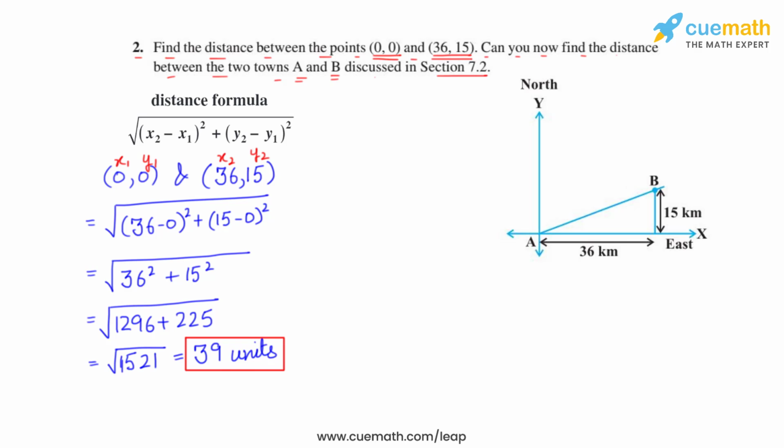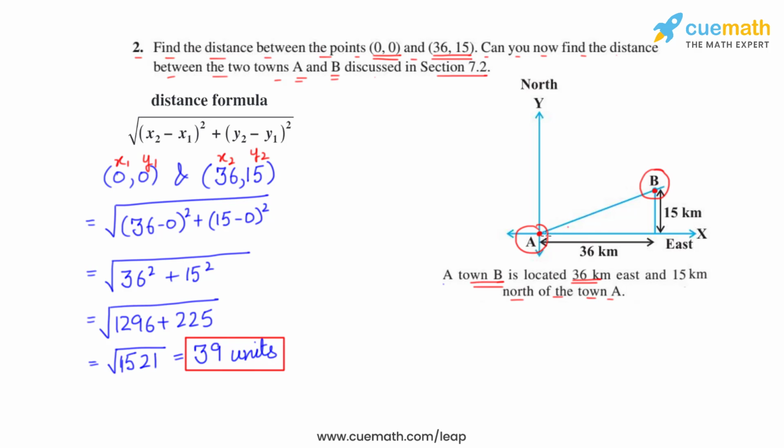They have given that there are two towns, town A and town B. Town B is located 36 kilometers east and 15 kilometers north of town A. So this is town A at this point and this is town B at this point.